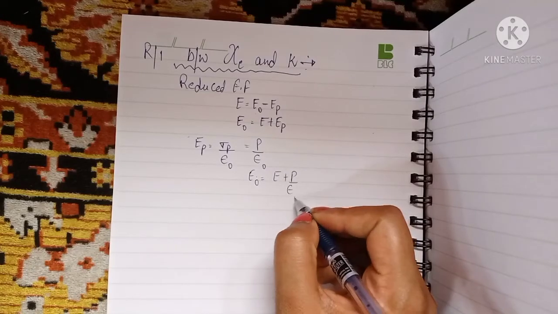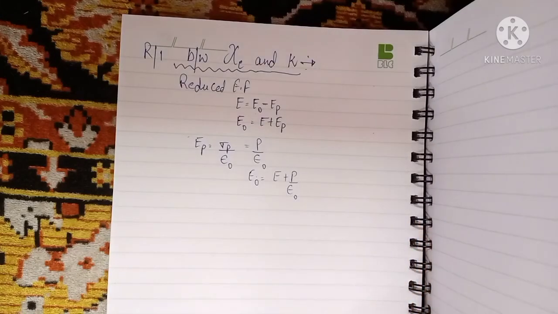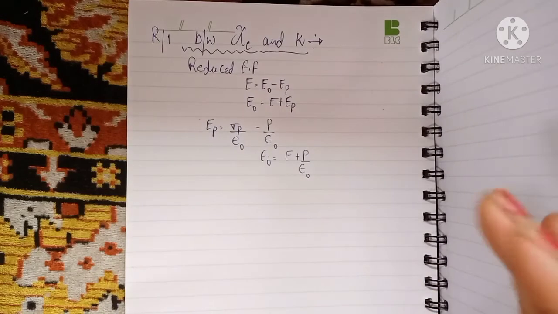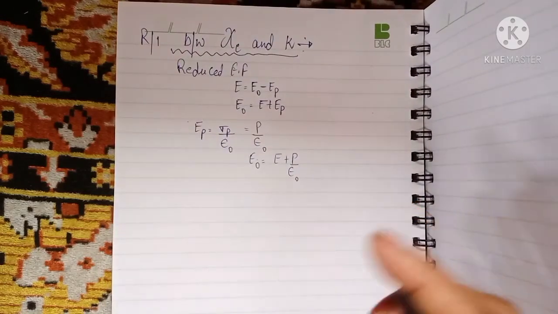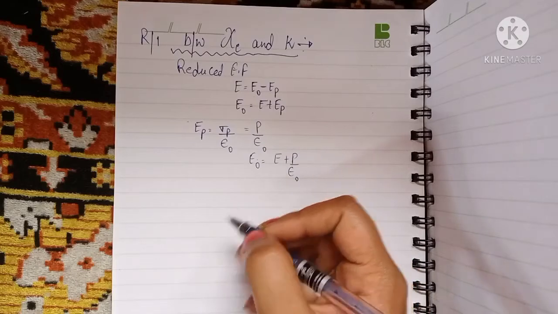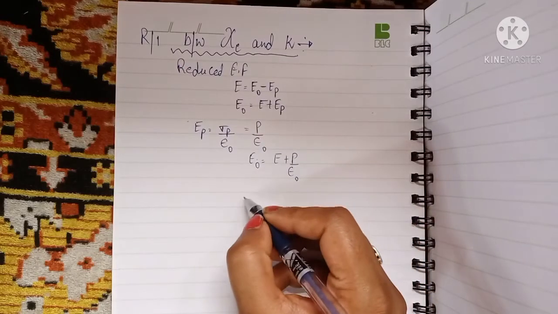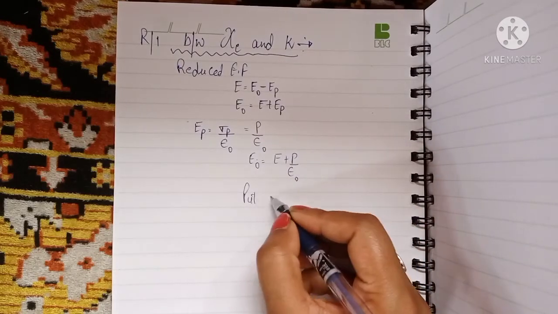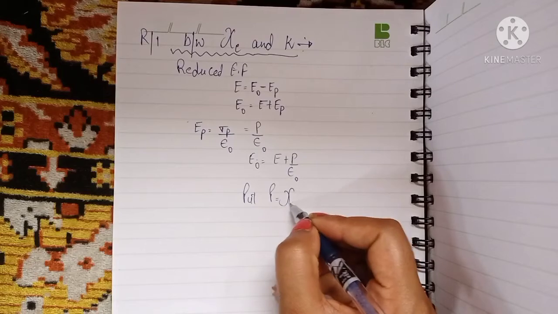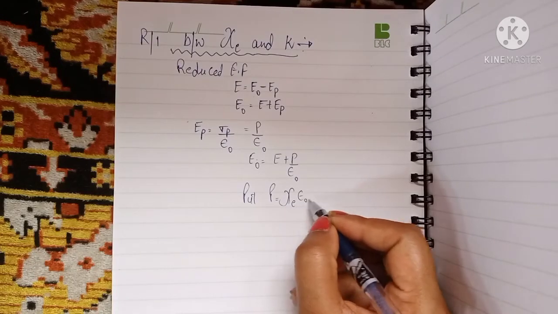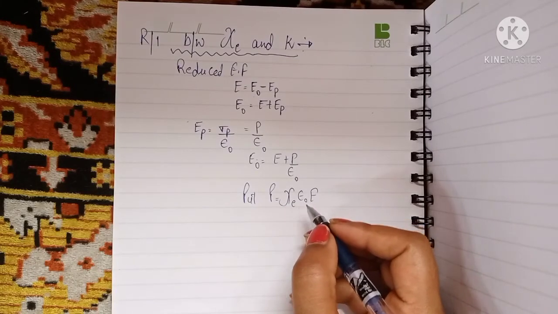E naught is equal to E plus P over epsilon naught, right? Now, we know that the polarization vector has a relationship with the susceptibility also, that is P equals chi E epsilon naught, where E is your applied electric field.